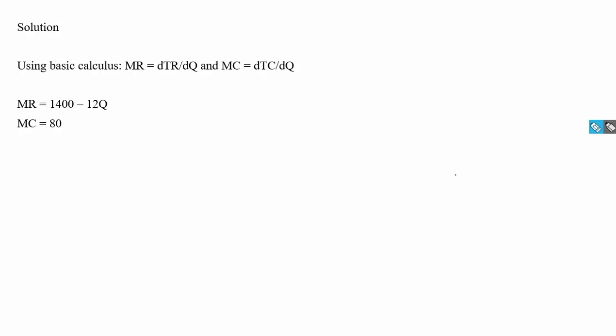Now we have to find the relationship that which of the following is correct. So from this relationship, we see that we can build a relationship that the marginal revenue is greater than marginal cost, right? And we know that the marginal cost is 80.